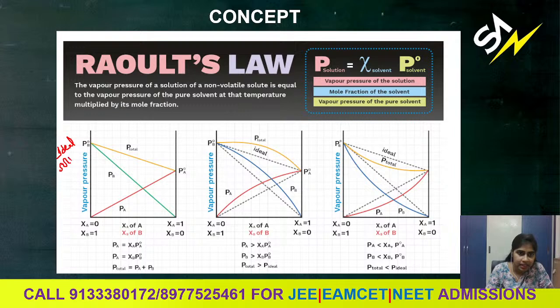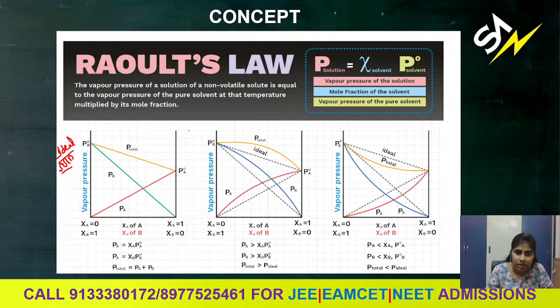For ideal solutions which obey Raoult's law, they have linear lines without any deviation. You can see here the total vapor pressure is the sum of PA plus PB. There is no deviation in any of the lines. So this is seen in ideal solutions.